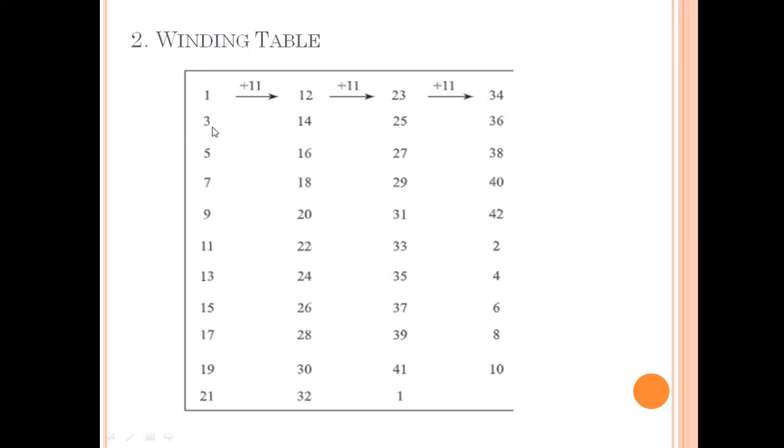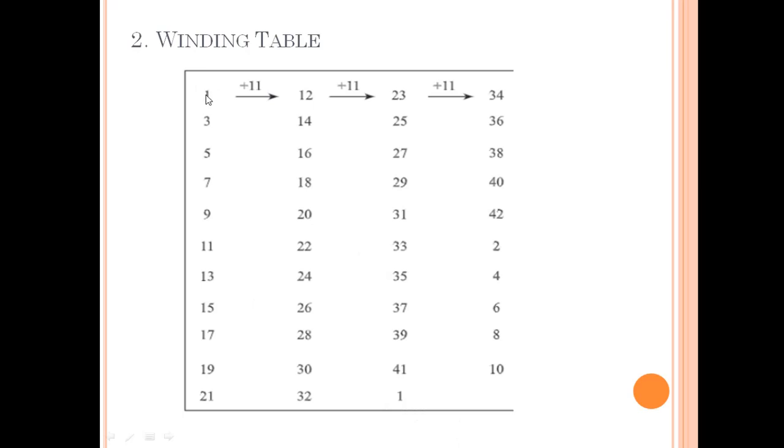Again 3 plus 11, it is 14. 14 plus 11 is 25. 25 plus 11 is 36. Again 36 plus 11, 47. So 47 minus 42 is nothing but the fifth conductor. So you should continue this till you get 1 at the front end connection.